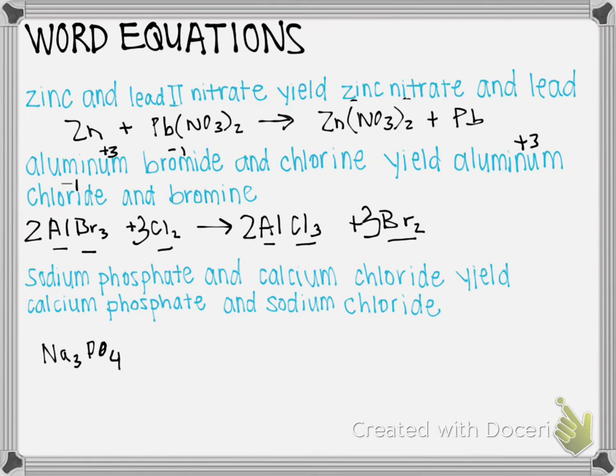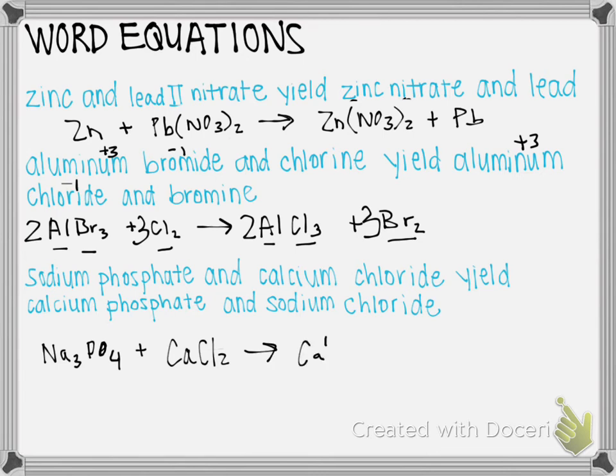And so we do plus. Calcium chloride, so calcium is Ca plus 2, chlorine is Cl minus 1. So when we crisscross to make our compound, it would be CaCl2, and that's what you need to write in. Yield, so that's your arrow. Calcium phosphate.